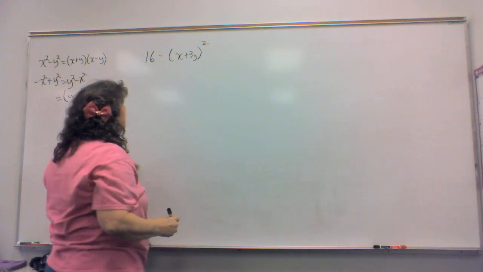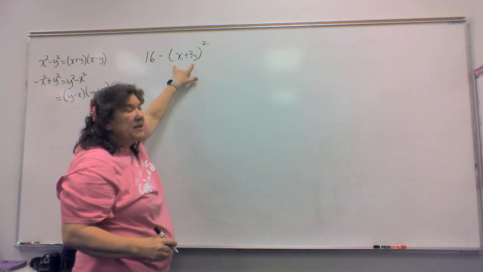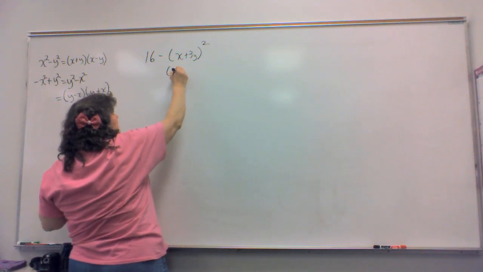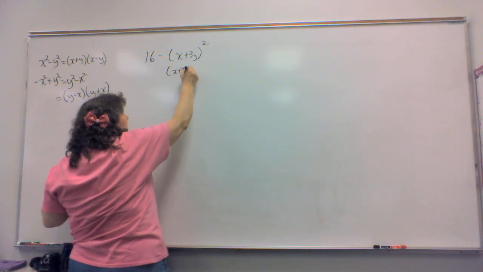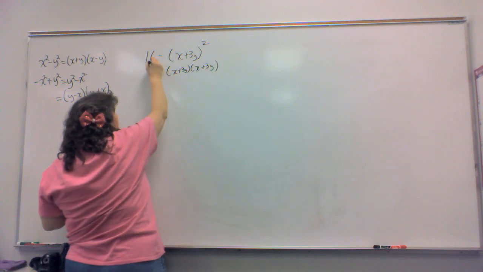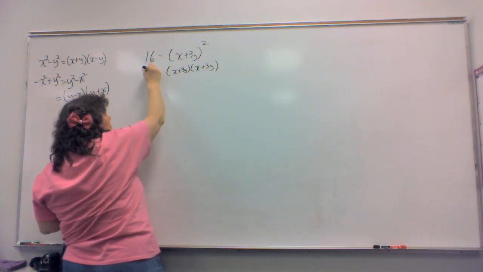So what's going on here? This is a perfect square because the quantity is squared. So this is x plus 3y times x plus 3y. That's a perfect square. 16 is 4 times 4.